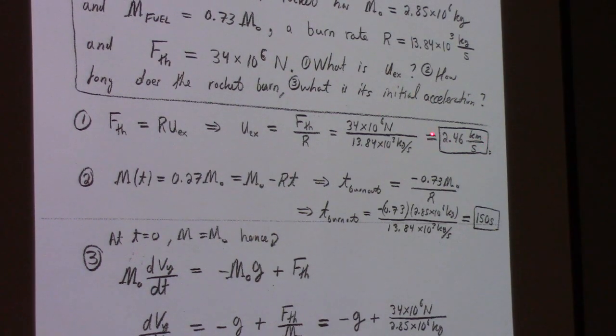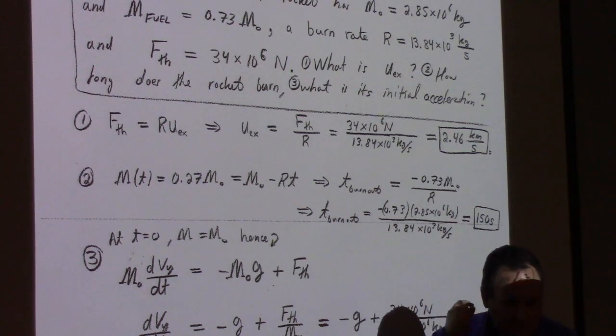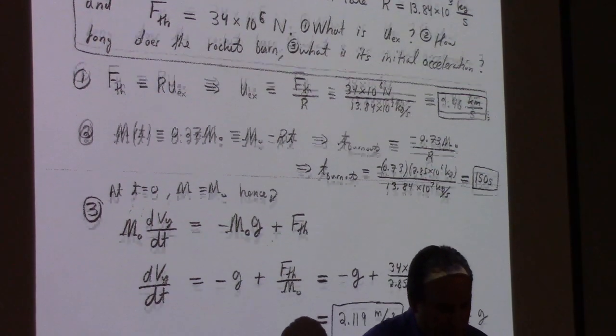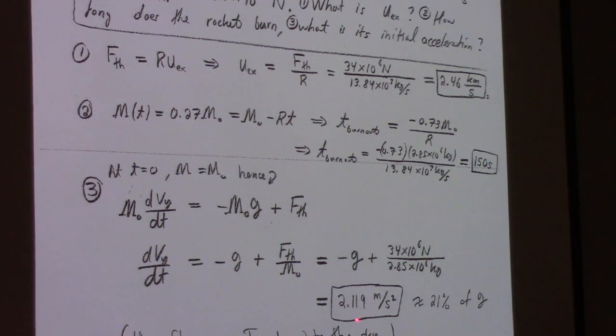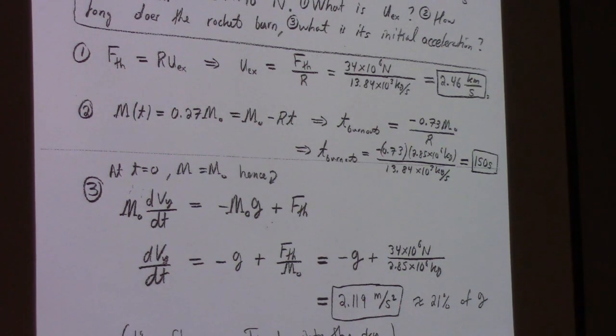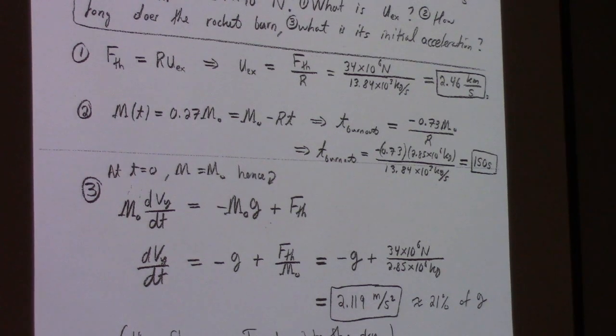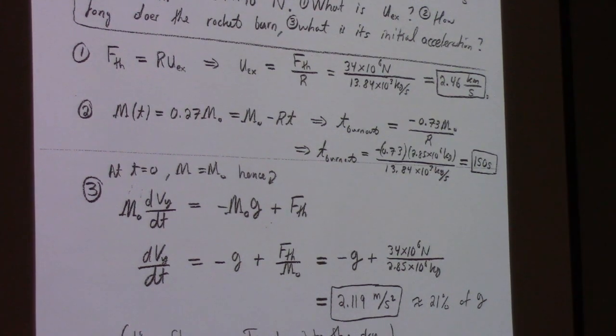That's fast, right? It would take about 150 seconds to burn. And the acceleration at time 0, doing all the math, is 2.119 meters per second squared, which is, like I said, kind of like throwing a Toyota into the sky.